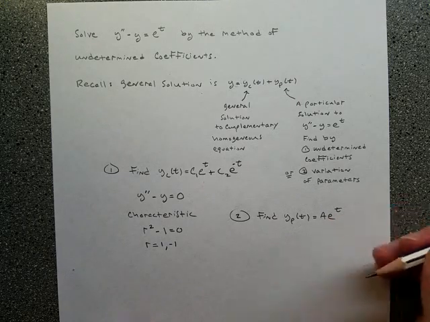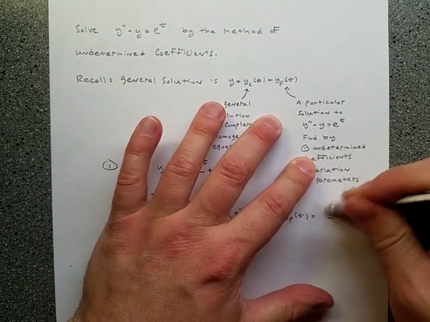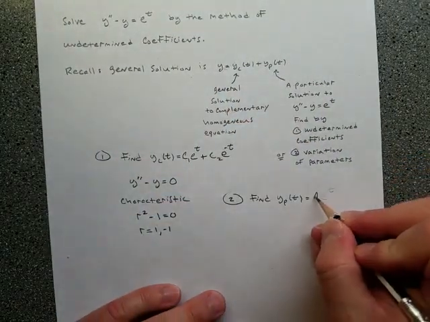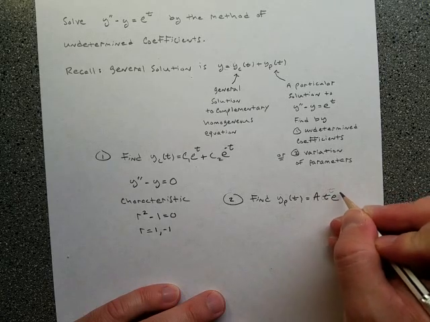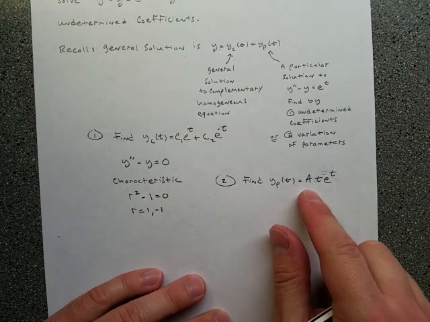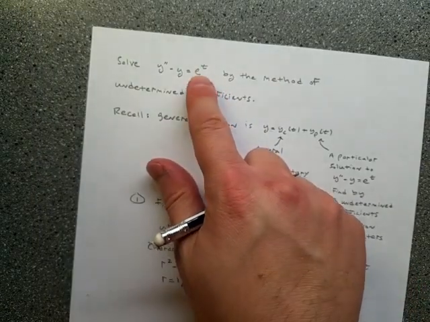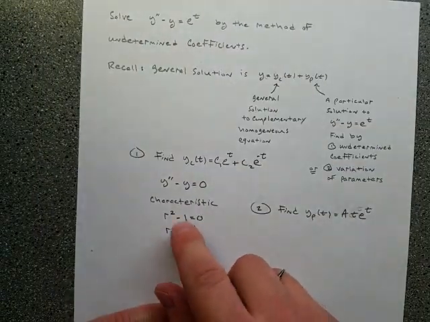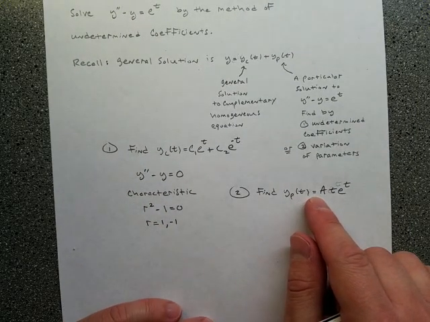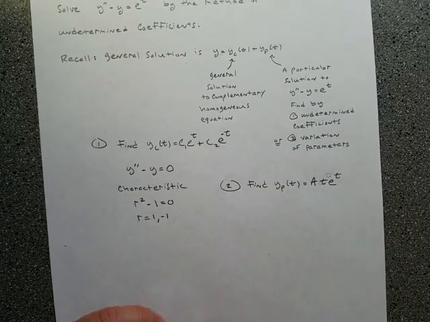All right? Okay, so I wrote it down for your consideration, but here's what it would be. If I consult a textbook or our formula sheet, it's going to say that if 1, this number, is a single root of the characteristic equation, and it is, then y sub p is some undetermined coefficient A times t e to the t.